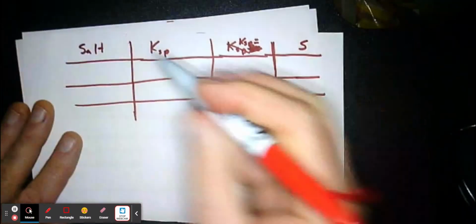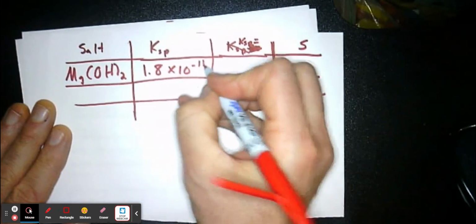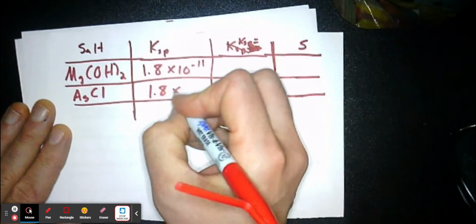Let's do an example. One of my salts is Mg(OH)2, magnesium hydroxide. Its Ksp value is this. Silver chloride, its Ksp is this.